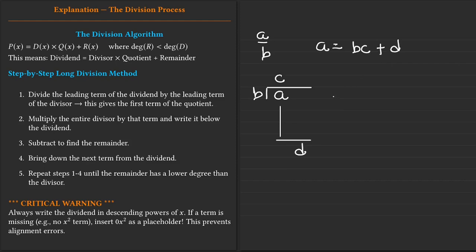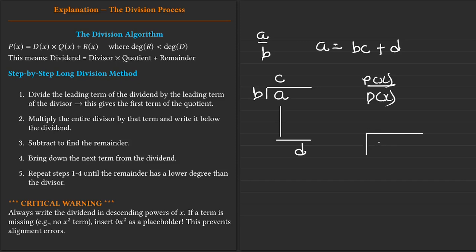Now, if we were to use polynomial functions, then we would say if we have a p of x divided by your d of x, then in a long division format, we are going to have the same as we have done here.